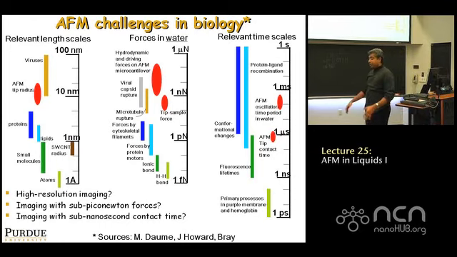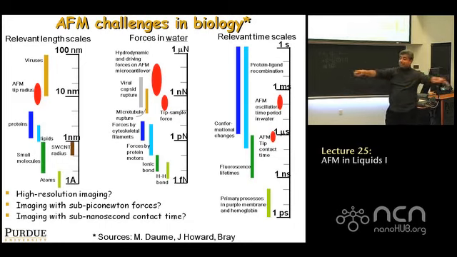You can go up to whole cells, and depending on the cells you're looking at, you could get cells roughly 50 microns in diameter or extent. It could be as large as that, where the heights could be 1 or 2 microns for cells. So we're really looking at a very large range.